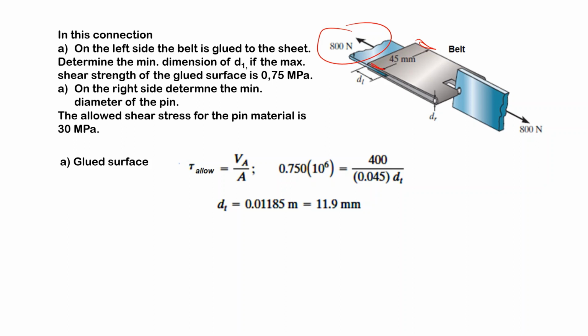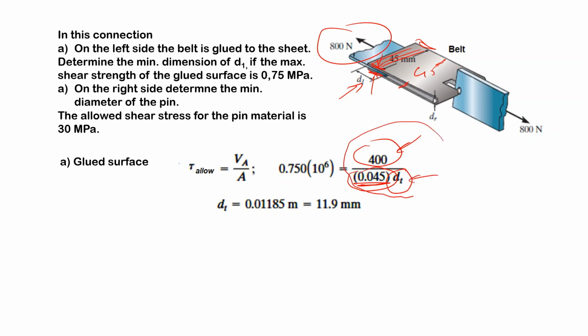The two surfaces, the upper and the lower surface of the sheet, are glued. Each connection should carry half of that 800, so we divide 400 by the surface area. The width of the surface is 45 millimeters, and d_t is the length we have to determine.